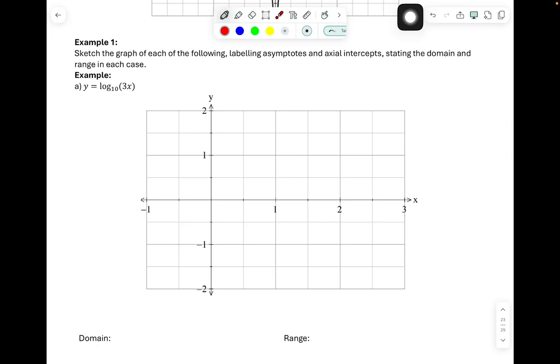Now the first thing that I notice here is that there is only one type of transformation in comparison to the basic graph, which is y equals log base 10 of x.